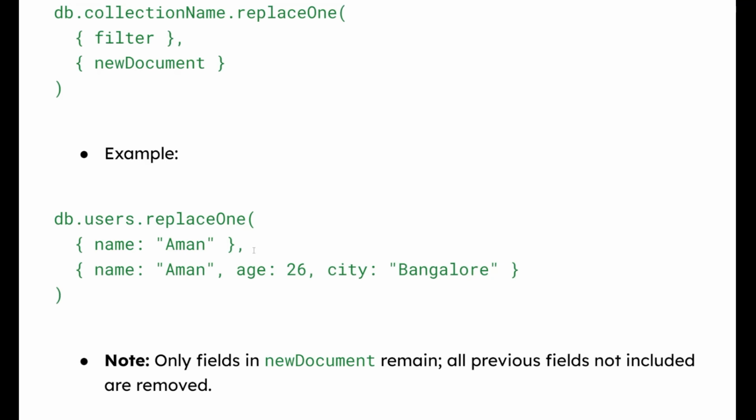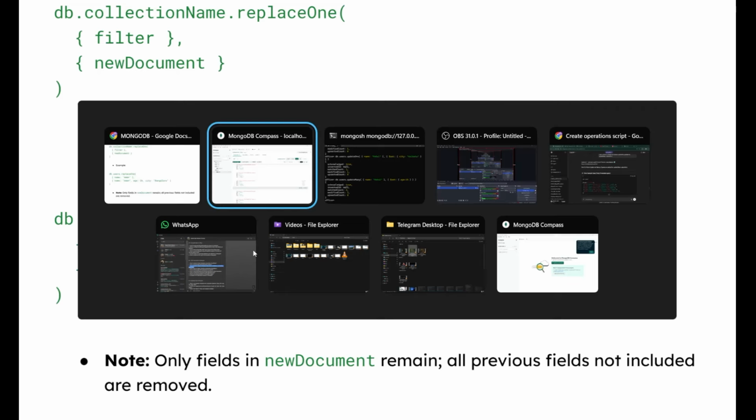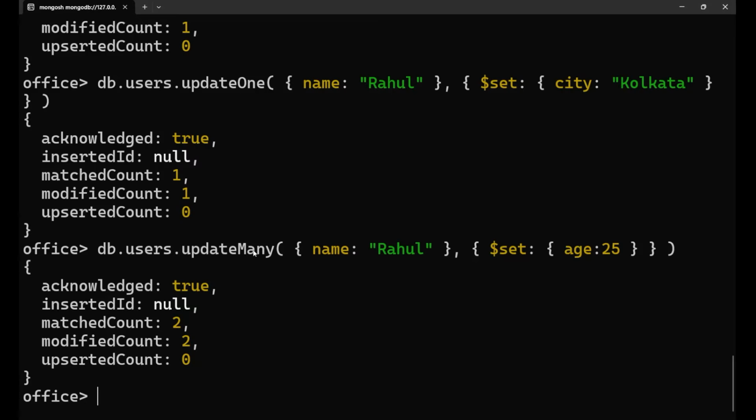So let's just try it again, right? Let's clean it out and write here db dot users dot replaceOne, put the bracket here, and then the name as, let's say, Aman, right?